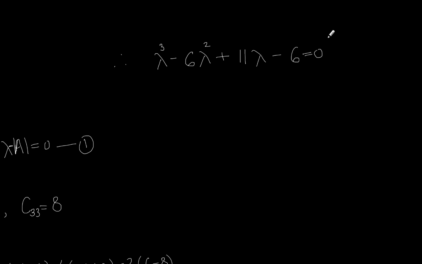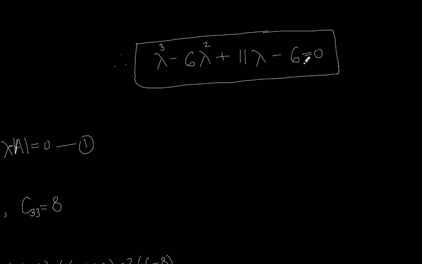The roots of this equation will be our desired eigenvalues, and we know how to solve such a cubic equation. We can observe that lambda equal to 1 is a root of this equation. That means lambda minus 1 is a factor.